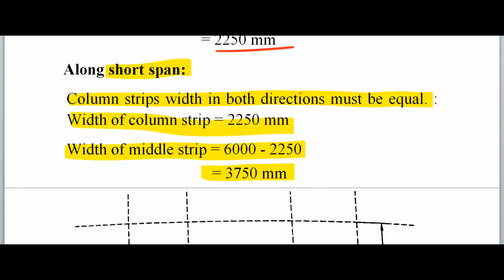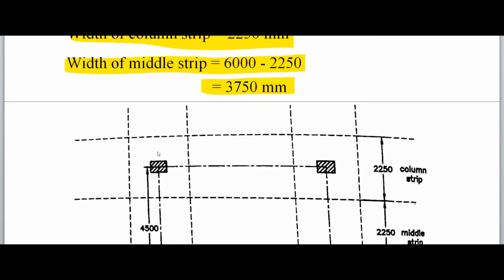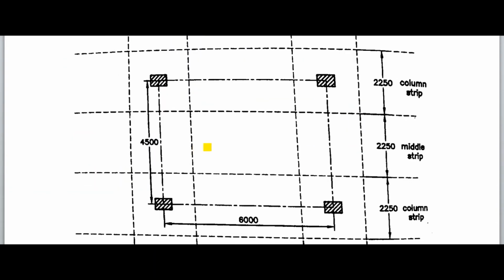So column strip will be same because the L1 L2 values are not changed, just the direction is changed. So column strip width is the same, but middle strip width can be changed. Right? You can see here: 2250 column strip, 2250 middle strip, 2250 column strip.